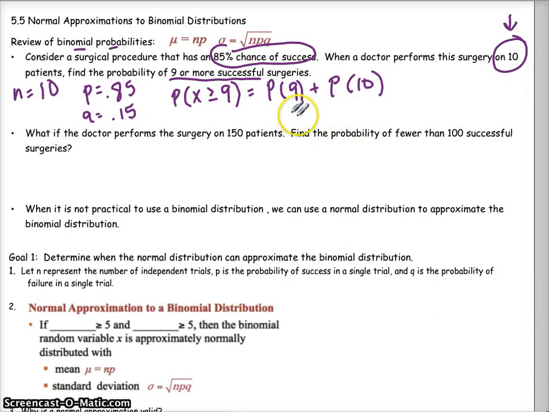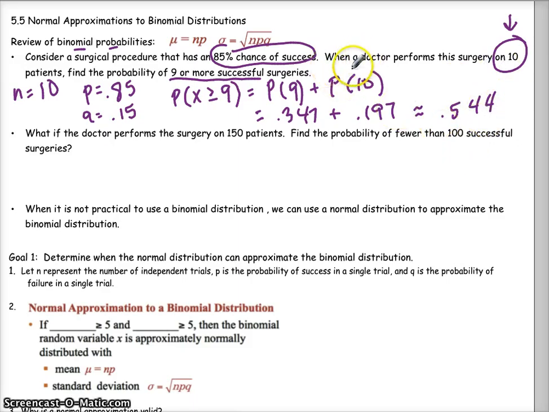So let's replace probability of 9 with 0.347 plus the probability of 10 with 0.197. And when we calculate that, then the probability of 9 or more successful surgeries is approximately 0.544. And we know this is not unusual because it's greater than 0.05.